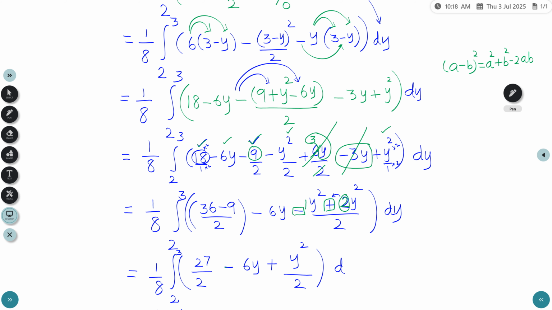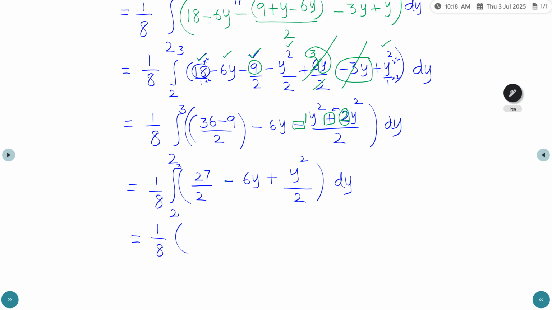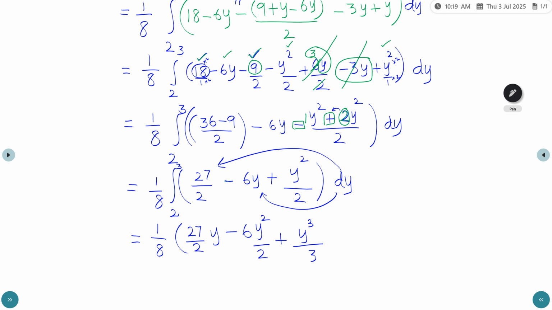Next step, integration with respect to y. It is 27 by 2 into y, minus 6 into integration with respect to y, which is y squared by 2, plus y cubed by 3, but already there is a 2, so 2 into 3.